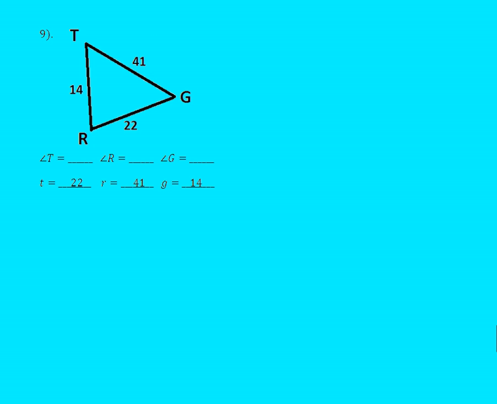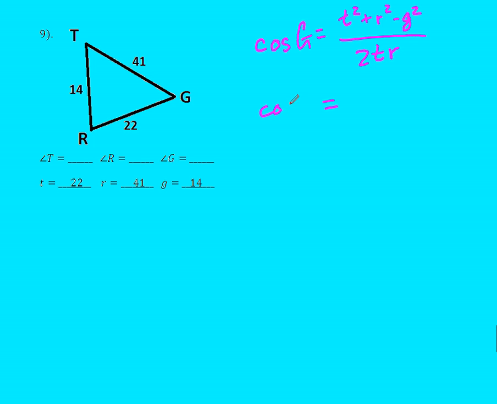Triangle TRG. Alright, I'm going to set this up. I want to find the smallest angle first, which will be angle G. So that's what I'll set up first, using the cosine G alternate formula. That'll be T squared plus R squared minus G squared, over 2TR.